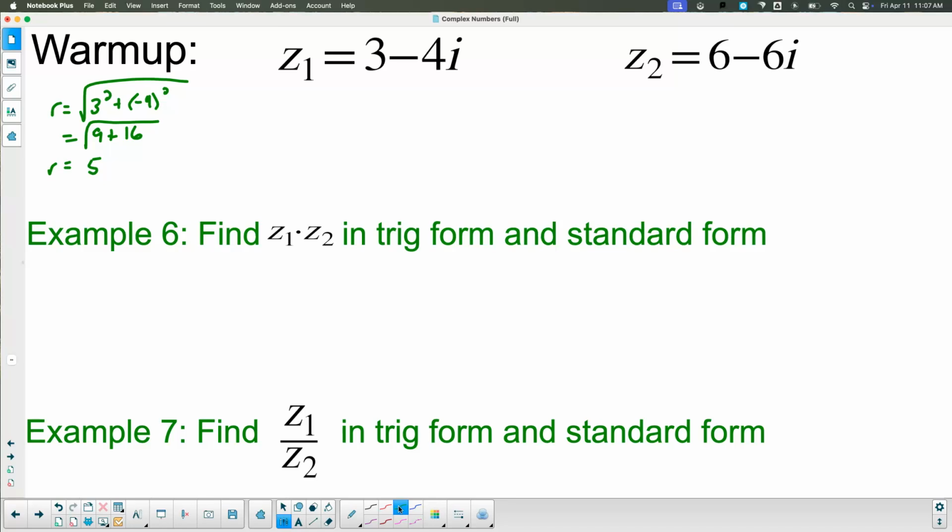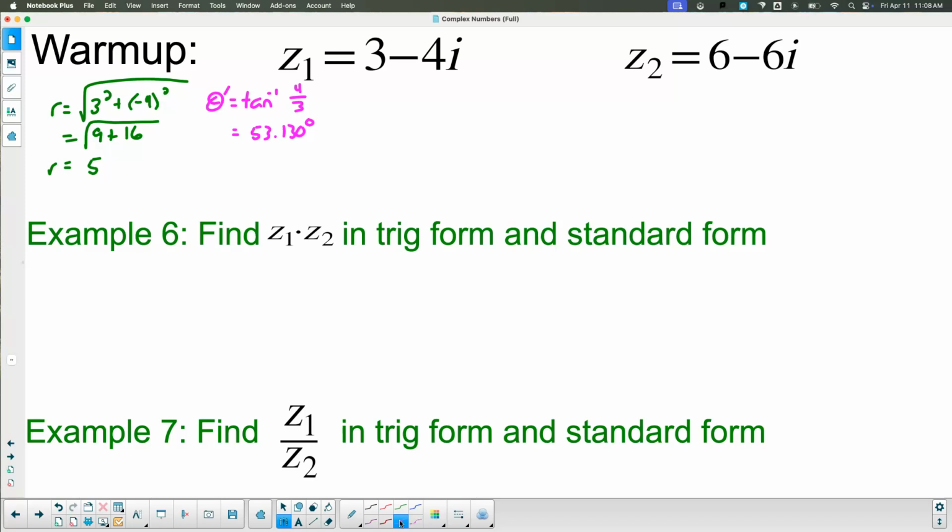Get an R value of 5 on that one. Get a reference angle of 53.130 degrees, yes? Going straight off of memory, I think that's right.